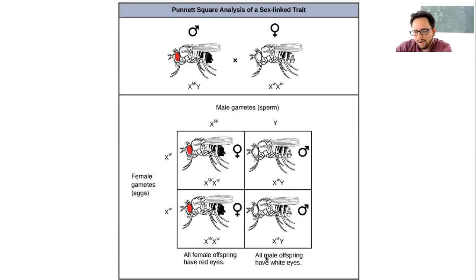So if you see, all male offspring will have white eyes and all the female offspring will have red eyes, provided this is the parent genotype, that is the male is carrying the dominant X-linked gene, and the female is homozygous recessive for that particular allele. So in that case, this is the possible combination.